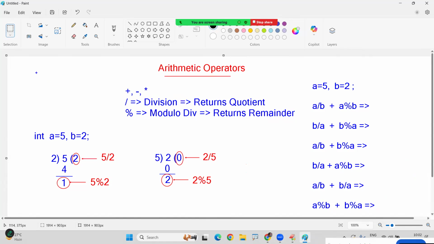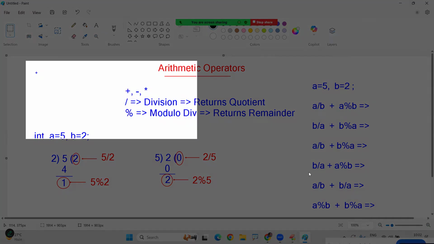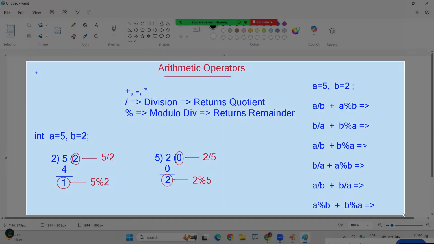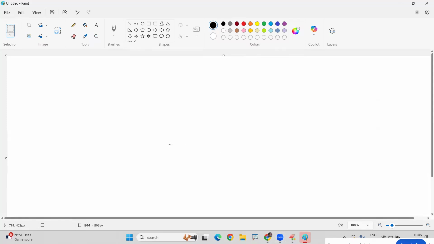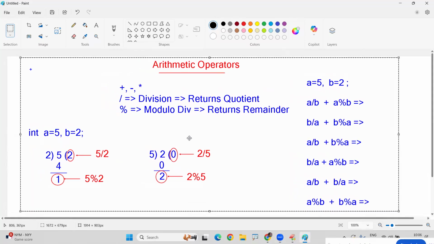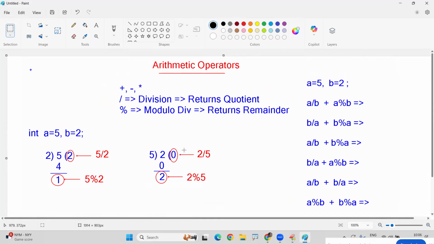So note down arithmetic operators. Arithmetic operators just to perform all the arithmetic operations. Division and mod are there. Division will give the quotient and mod will give the remainder. This is quotient, division operation. This is remainder, mod operation.